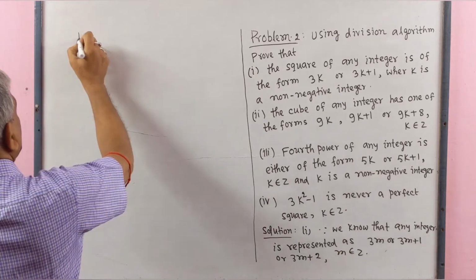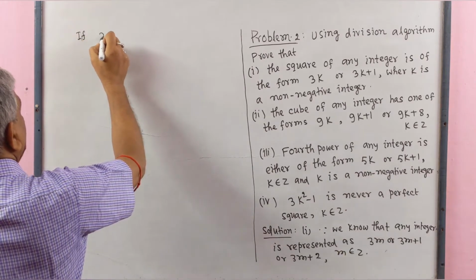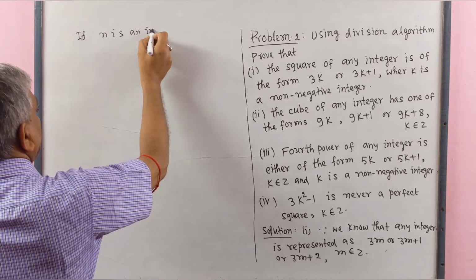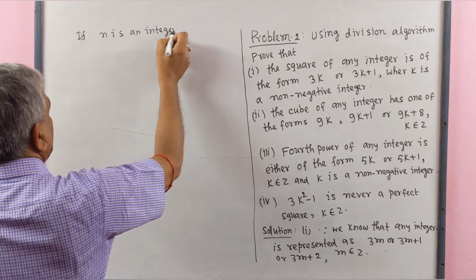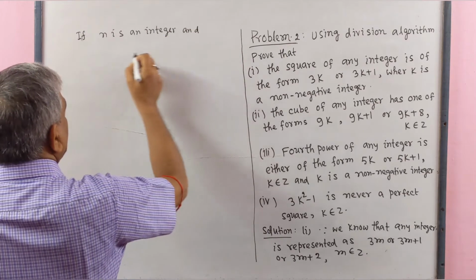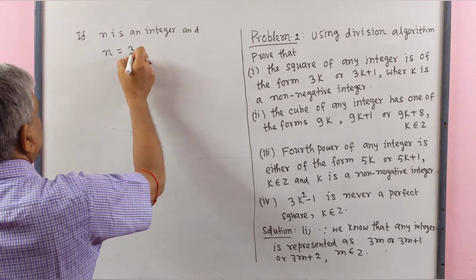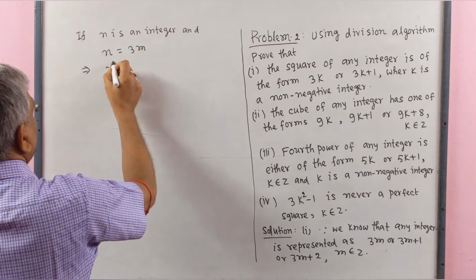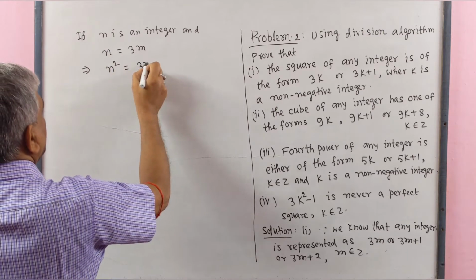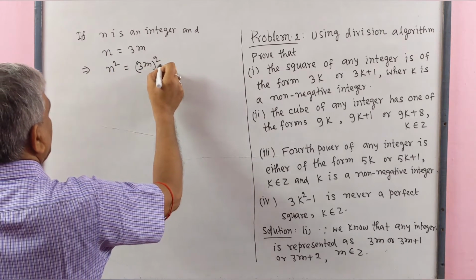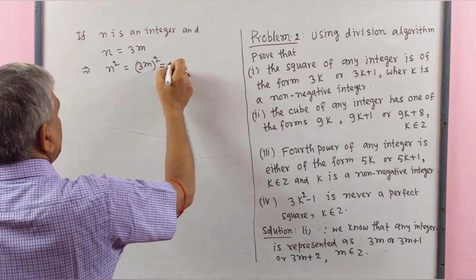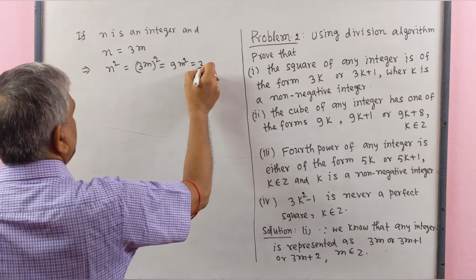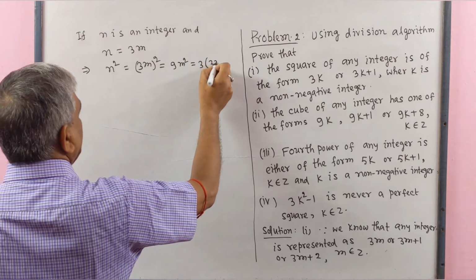If n is an integer and n equal to 3m, implies that n square equal to 3m whole square, means 9m square. This equal to 3 multiply 3m square.